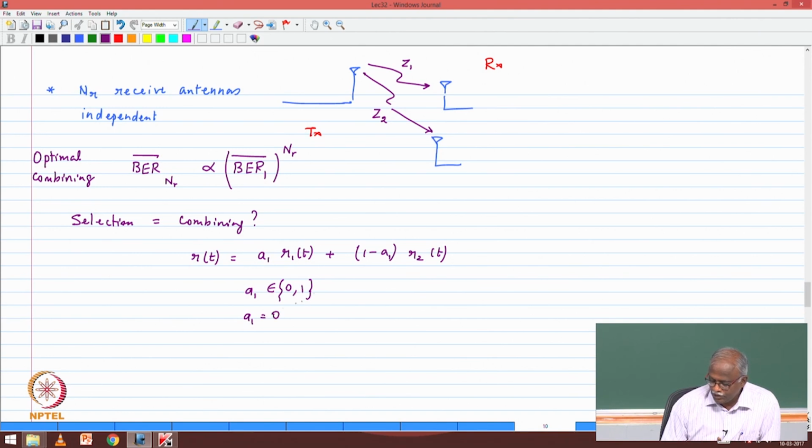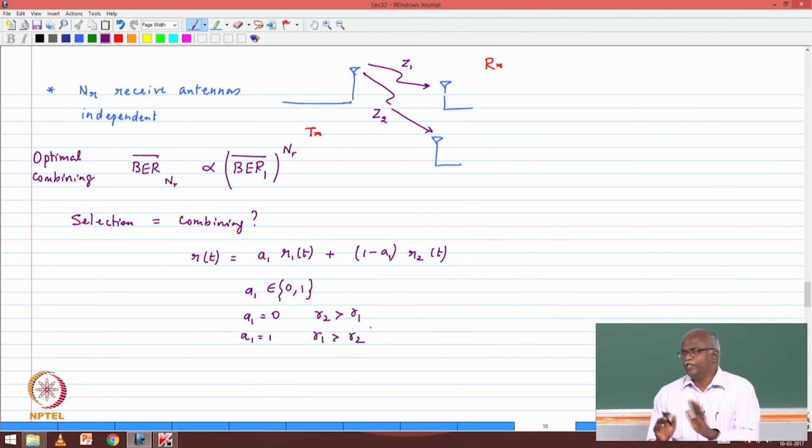A1 is equal to 0 if gamma 2 is greater than gamma 1, and A1 is equal to 1 if gamma 1 is greater than gamma 2. In other words, you are just setting binary weighting functions. So it is trivially a form of combining, and selection diversity also falls into the framework.